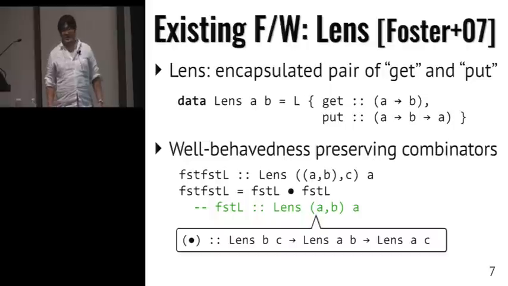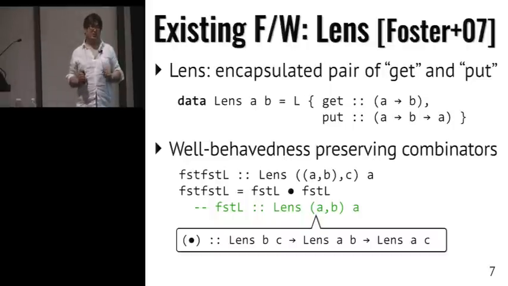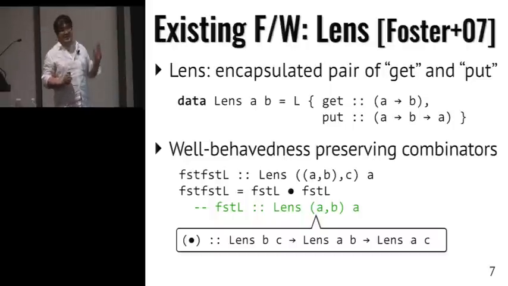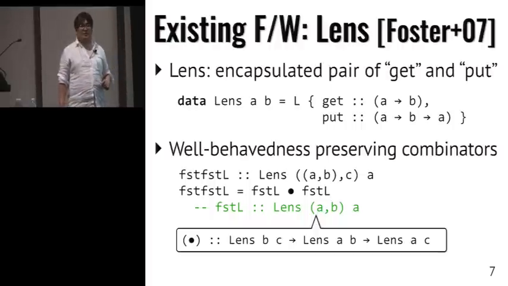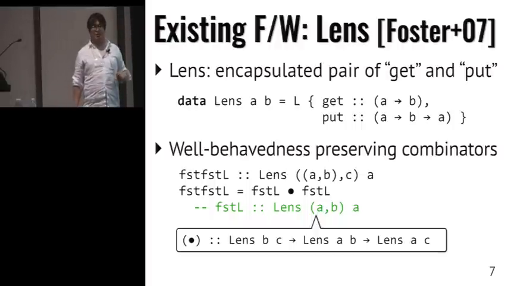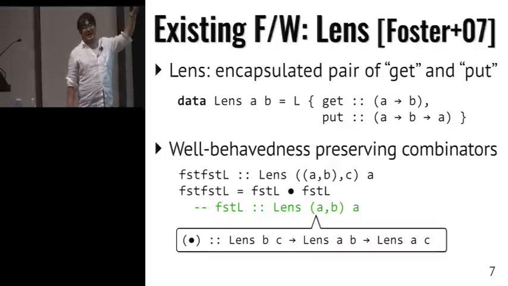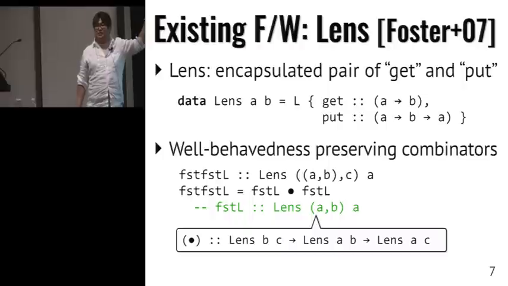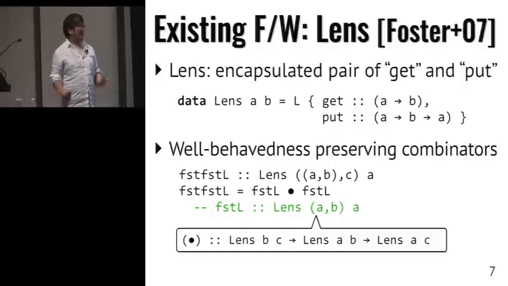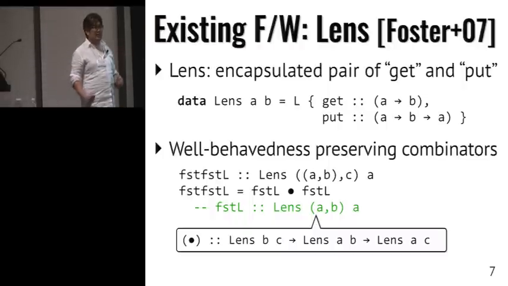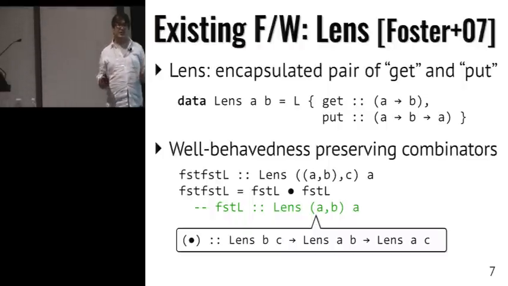One of the existing frameworks for writing bidirectional transformations is the lens framework. Lens is also the name for a building block in the lens framework, which is an encapsulated pair of get and put. In the lens framework, we write bidirectional transformations by composing lenses using lens combinators.